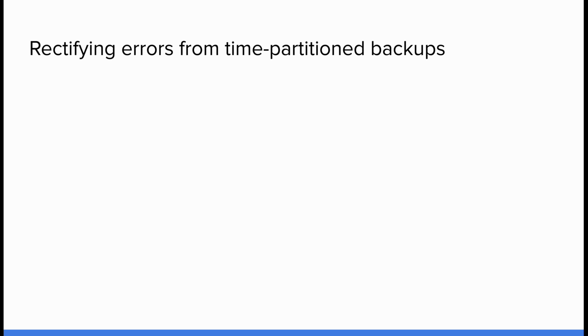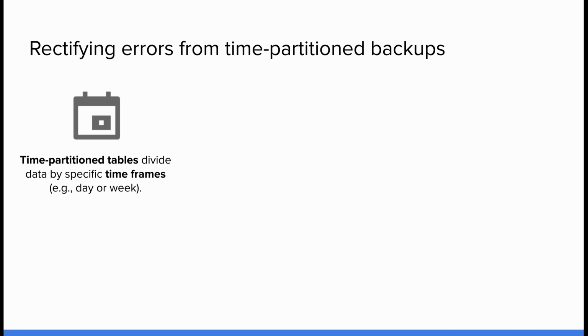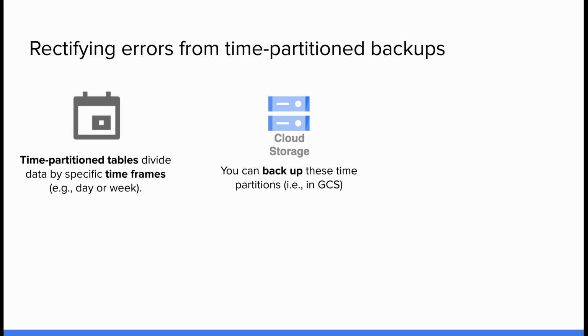Another strategy you can take to rectify errors is using time-partitioned backups. So with time-partitioned tables, your data is split into specific time frames, such as by day or by week. This helps you to manage data in smaller, more focused chunks. And so you can back up these individual time partitions to cloud storage.